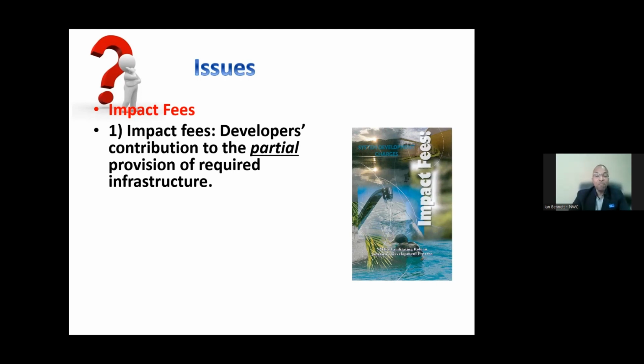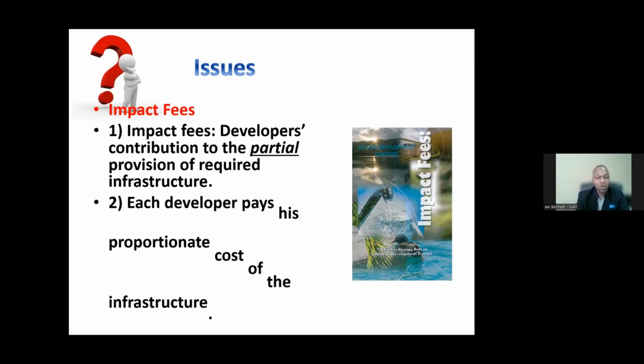If you have to make some upgrades, then it is the developer's responsibility to handle it. If those upgrades will benefit several persons or the entire community along the way, then the NWC will participate in that upgrade process, and the developer will then make a partial contribution, his proportional contribution, to the development of that infrastructure.